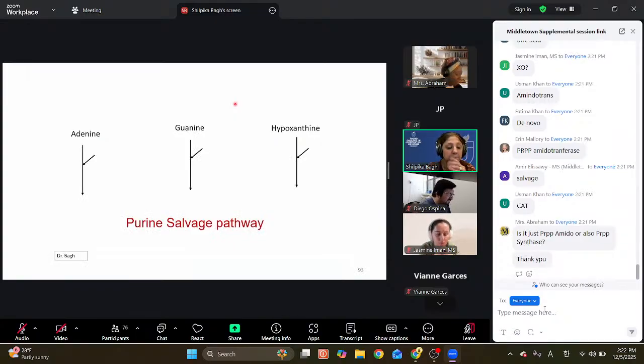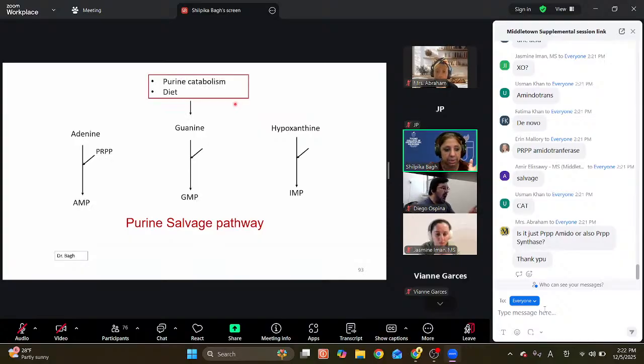So now here, catabolism and diet have given you the bases and they are converted into the nucleotide. I told you, whenever you want to form a nucleotide, you add sugar in the form of PRPP. Do they have different enzymes? Absolutely. And we have Lesch-Nyhan syndrome associated with HGPRT deficiency. Everywhere you go with inborn errors or enzyme deficiency, you got to look at the step.